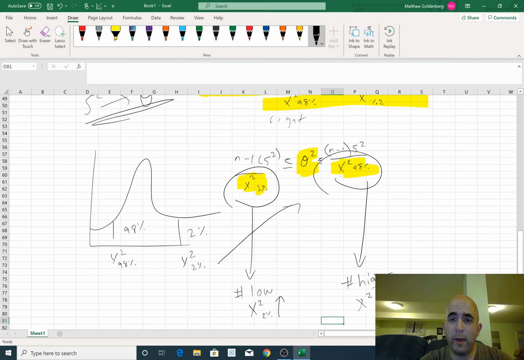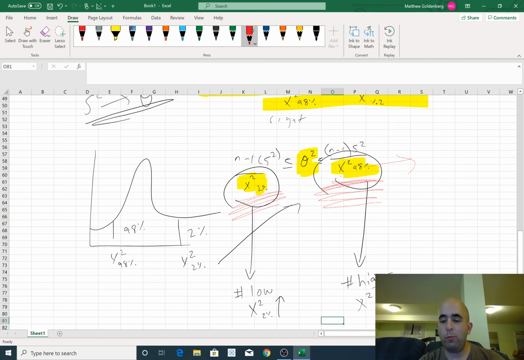So I hope that made sense, because the struggle that a lot of people will face is that they won't recognize that when you're doing the math, these flip on you. And so no longer is your 98% to the right really representing your lower bound. In the math, it has to be a part of your upper bound.